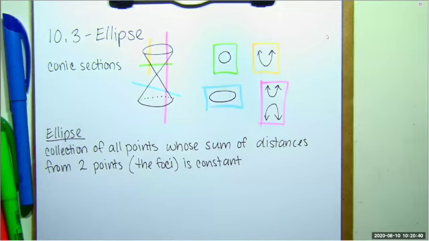Okay, so an ellipse is a collection of all points whose sum of distances from 2 points called the foci. So foci is plural for focus, so one focus, two foci. And technically this can be pronounced foci or foci, either one is correct.